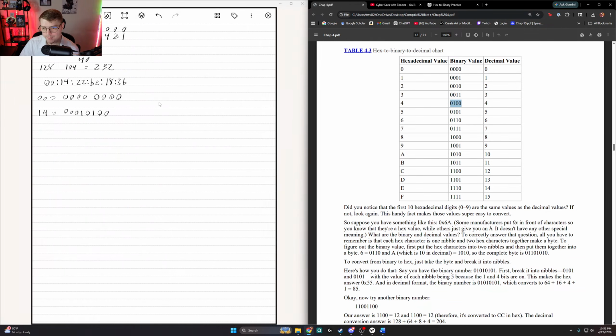All right, now we have the 2 and the 2. So what is 2? Really got to figure out something to do with the mic. It's always in the way of trying to read. 2 is 0, 0, 1, 0, and then we repeat it, 0, 0, 1, 0. All right.